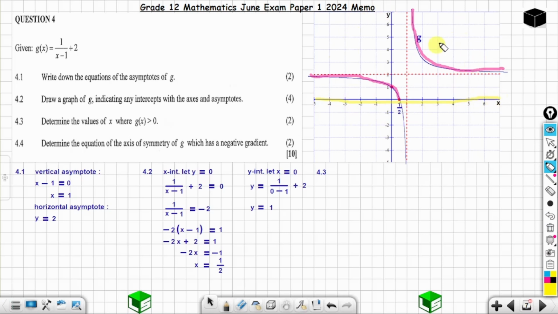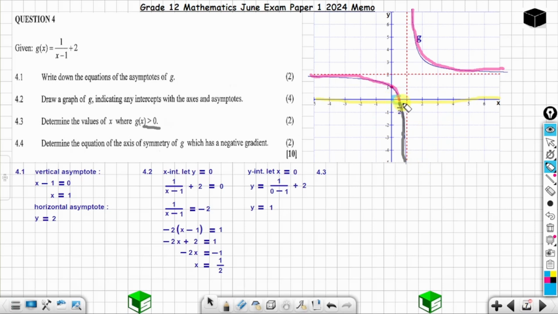You are interested in this part, not this part. This is negative, less than 0. You are interested in greater than 0, above the x-axis, not below.